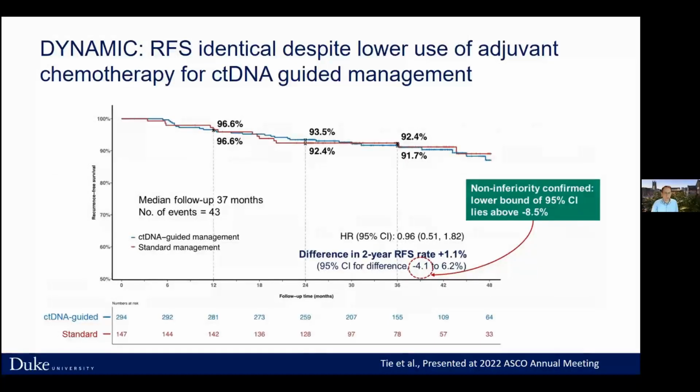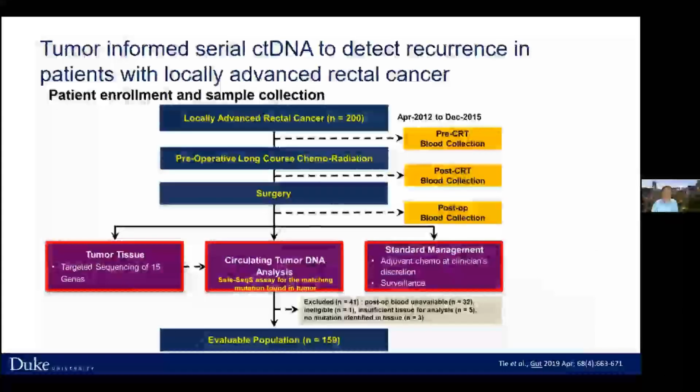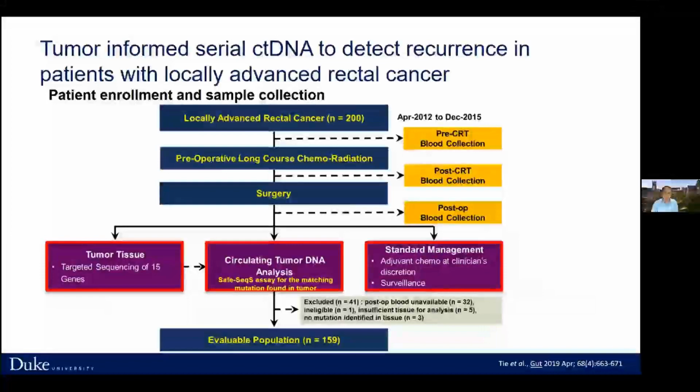So it's a great prospective study. And many of us live in areas where we are increasingly using this non-operative management protocol for locally advanced rectal cancer, where active surveillance is part of the management plan, where we're trying to avoid surgery.